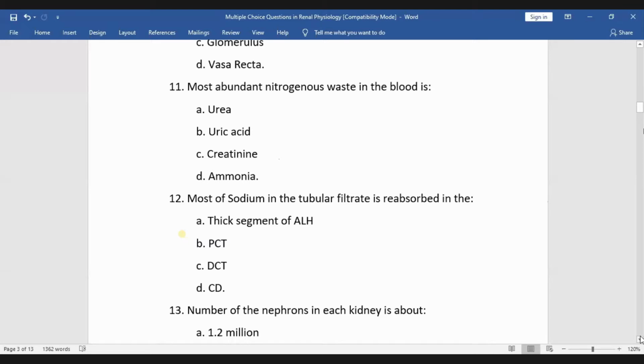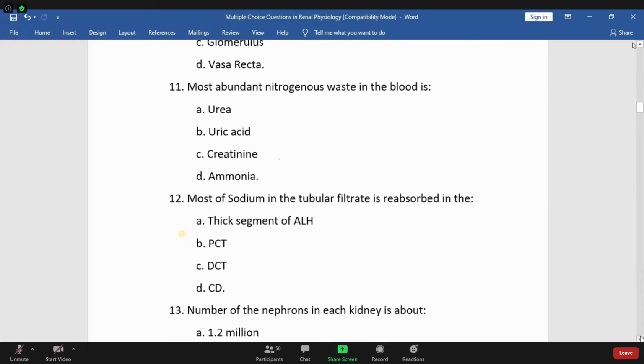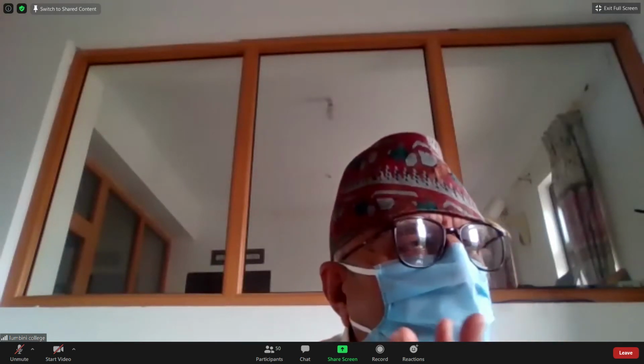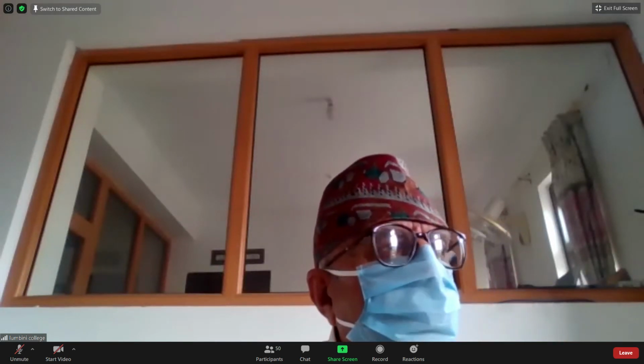Sodium is taken out of the tubular fluid, again by a co-transport system. Therefore in the ascending limb the tubular fluid becomes diluted, because the cells of the thick ascending limb are impermeable to water. Water remains in the tubular fluid, sodium is reabsorbed, and the fluid becomes dilute.